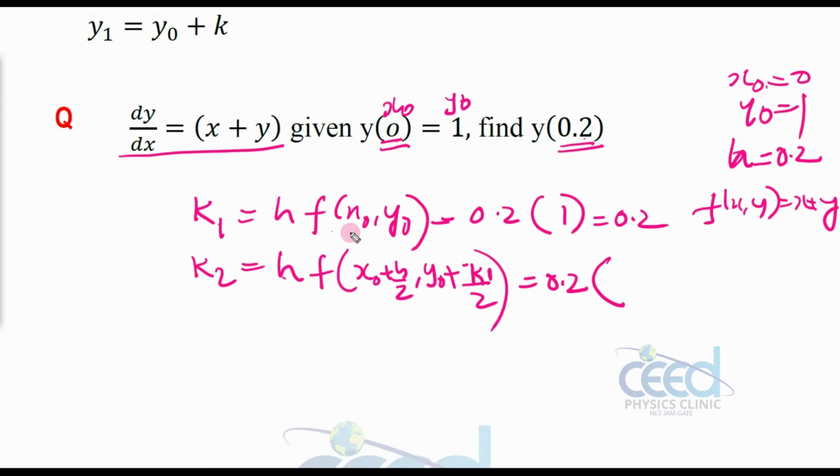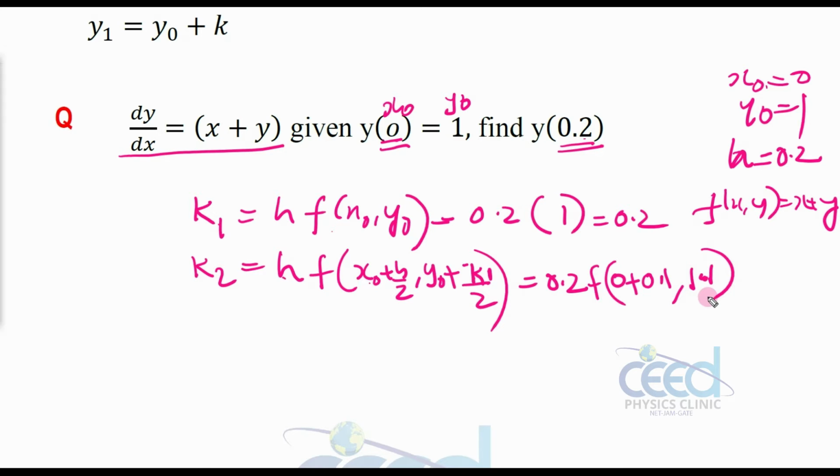Then what is x0? x0 plus h by 2. x0 is 0, h by 2 is 0.2 by 2, that is 0.1, and here I have to put this f, plus this y0, that is 1, and this 0.2 by 2, that is 0.1. k1 is 0.2.